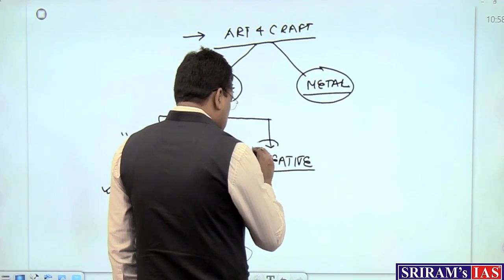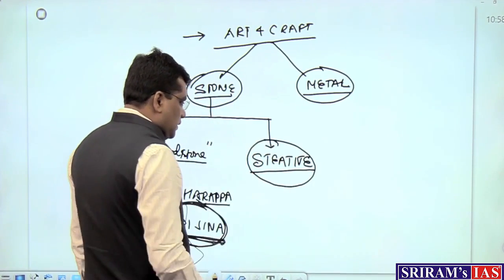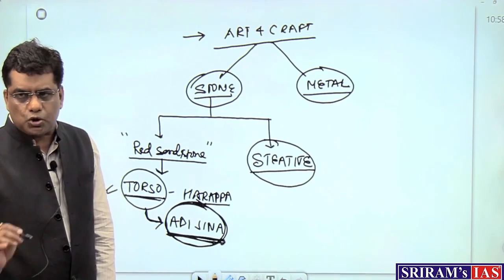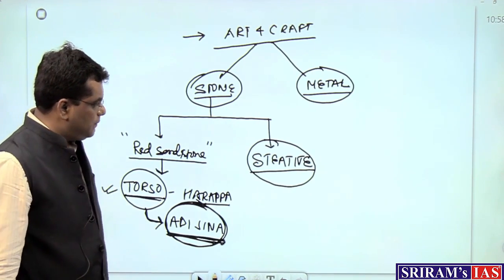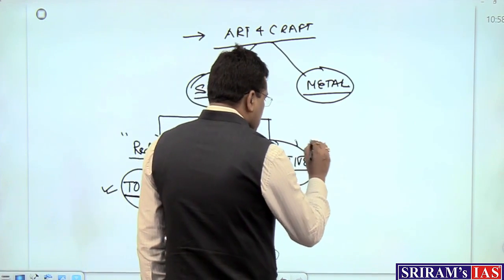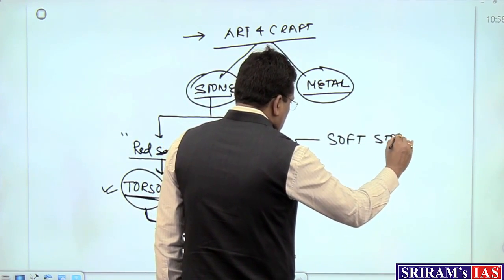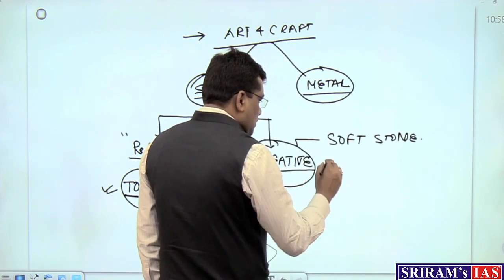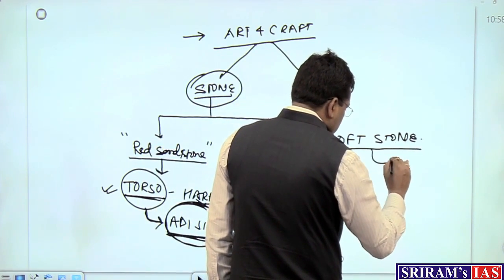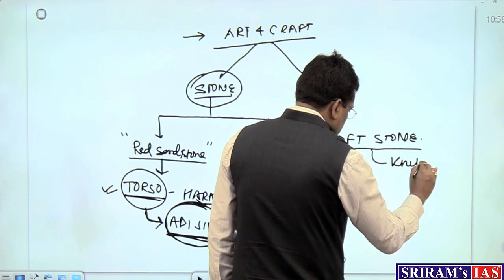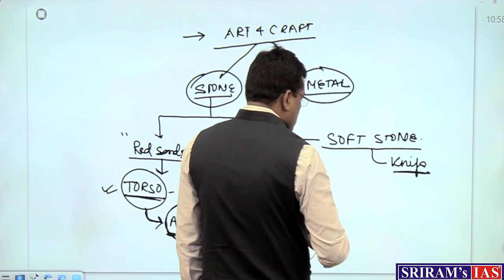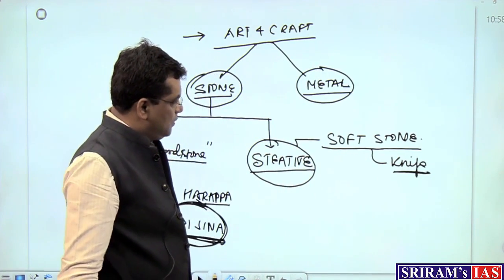Then steatite. Steatite mostly used to make statues, and steatite is a soft stone, soft stone which could be cut by the knife very easily.